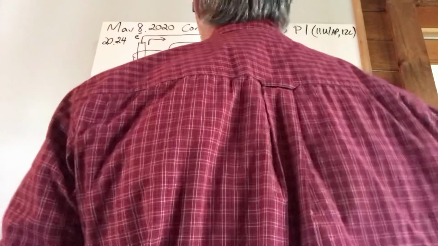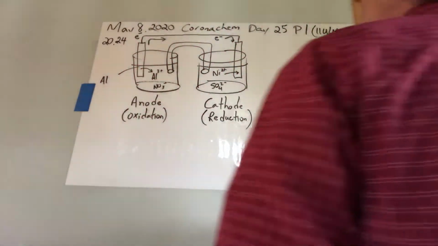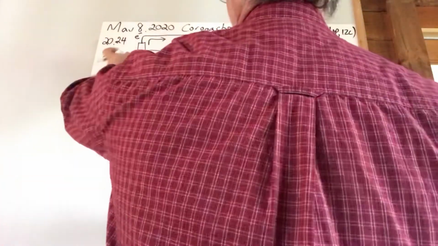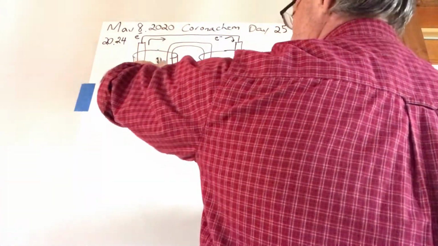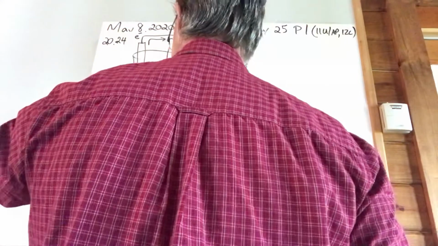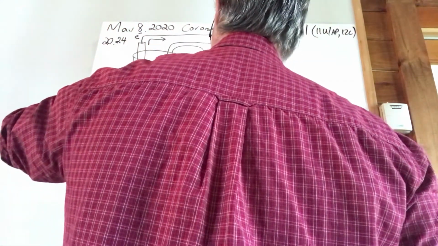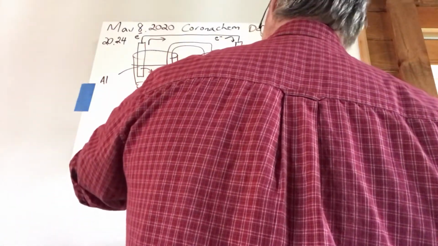So the nickel is being reduced onto the surface. What's happening at the anode is the aluminum is coming off the surface, so the anode is getting lighter. It's losing weight, whereas the cathode is getting heavier.